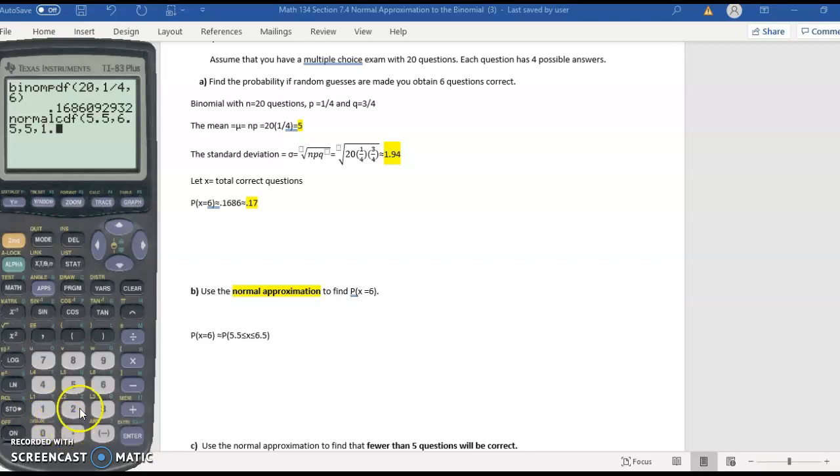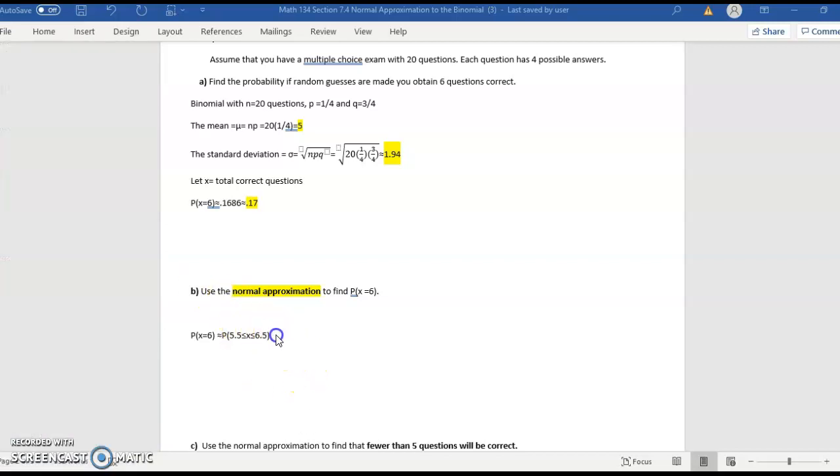And the standard deviation, which we ended up having about 1.94. So let me wait here a minute. Please run it and see if you're matching. Now, our approximation, it's about 0.17. So let me write it again as an approximate.